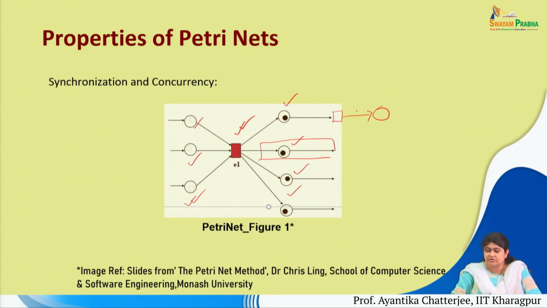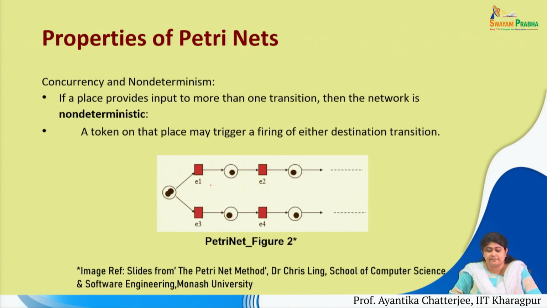Okay. So, synchronization is about the input side, and concurrency is about once the output places are getting filled with tokens. Then finally, another important property is how this concurrency can lead to non-determinism.